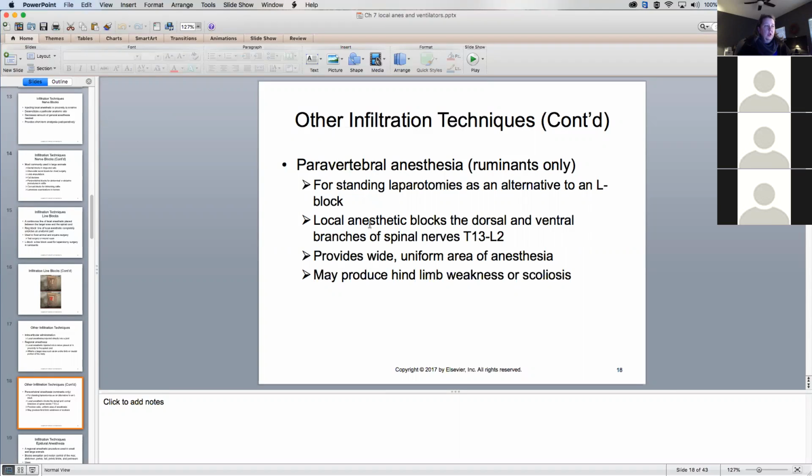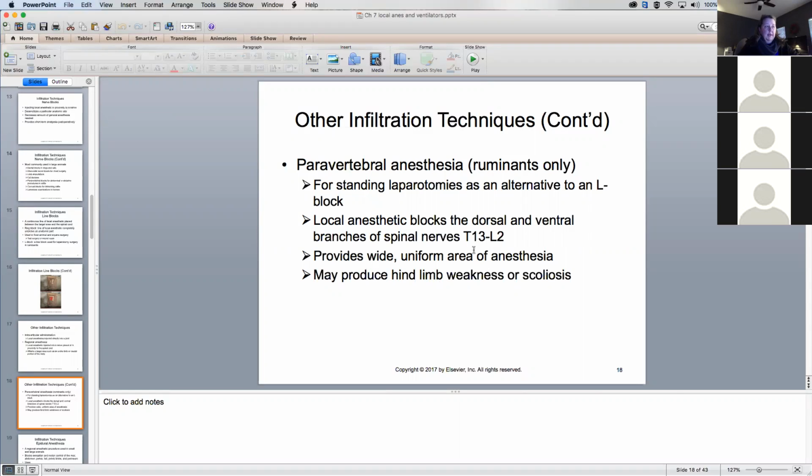You're going to block at the branches of T13, L1, L2, and usually they go caudal, and you saw on the picture I showed you how they blocked those nerves.